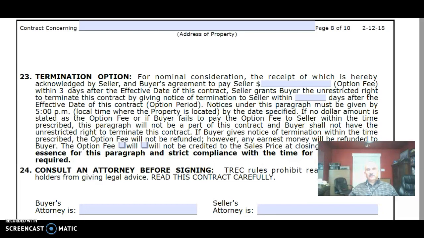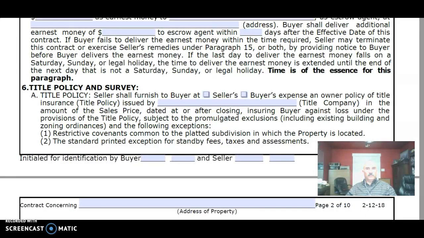You don't want this period to get too drawn out because then it draws out the whole process. The reason they need this time is they need to get the house inspected, because if there's a problem with the house that they don't know about, they want to have the opportunity to back out of the deal. With the termination option fee, they don't get that back. They're just buying the option to back out.